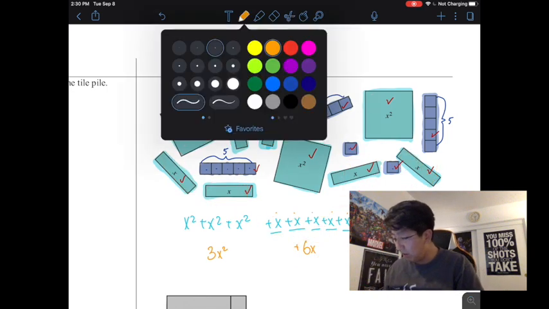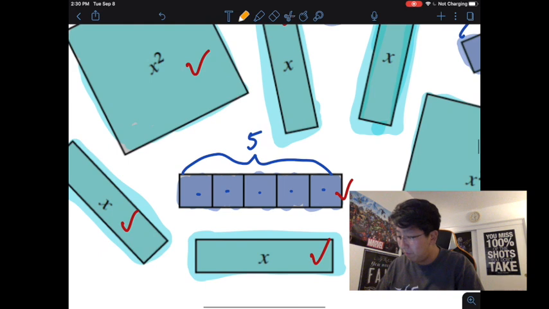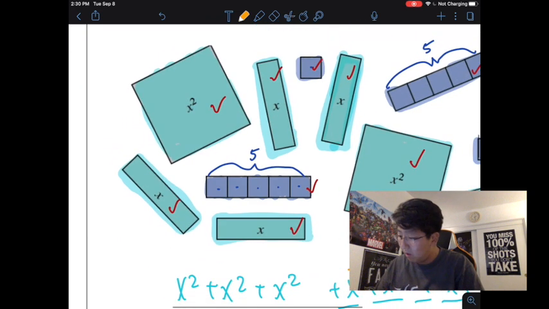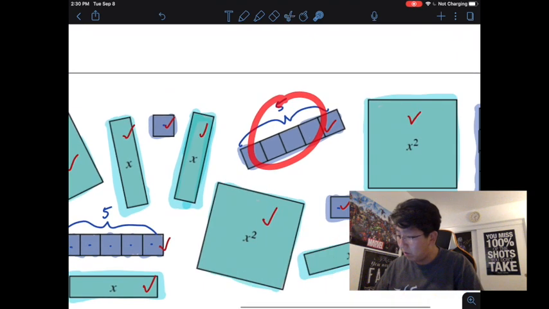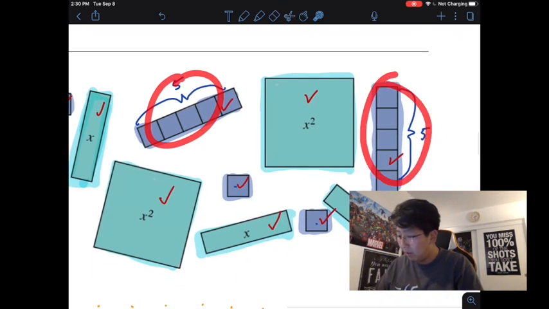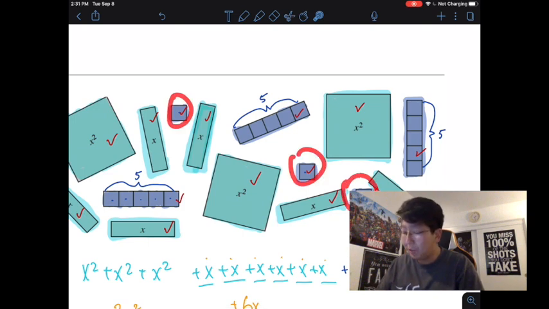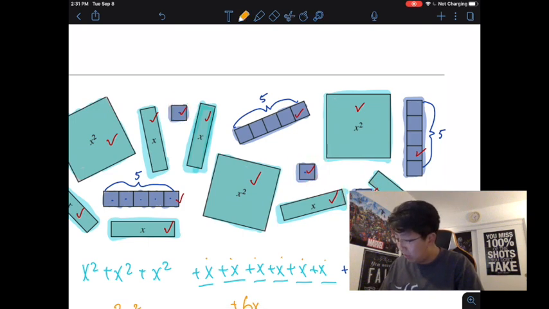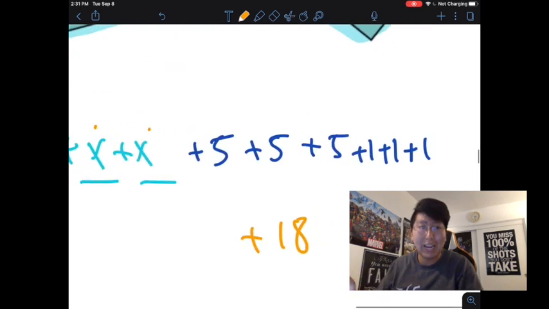Last but not least, the unit tiles. Now, it is fair for me to say that there's 5 here, 5 here, so that gets me 10, 5 here, which gets me 15, 16, 17, 18. There are 18 unit tiles. If I add 5 plus 5 plus 5 plus 1 plus 1 plus 1, I get 18.